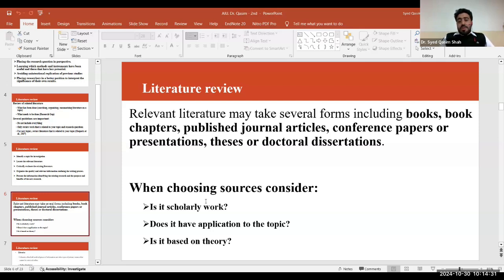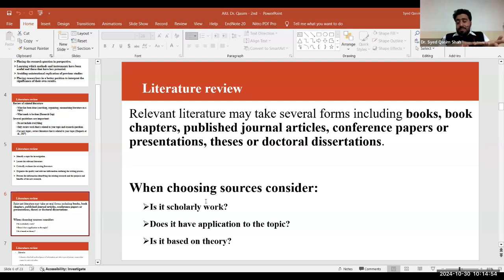And then, it is based on theory. Is it based on a certain theory? If it is not based on a certain theory, we cannot connect that particular literature to our research question. So obviously we are looking for it to be based on a certain theory. If any source fulfills these three conditions, that is scholarly work.